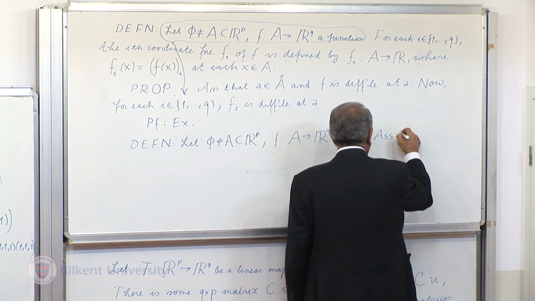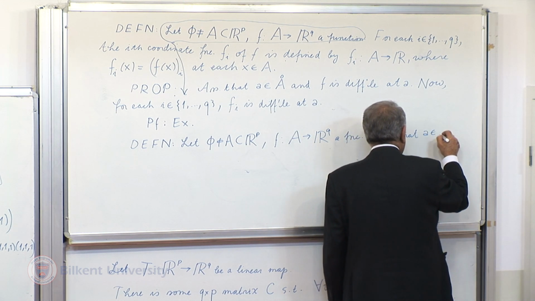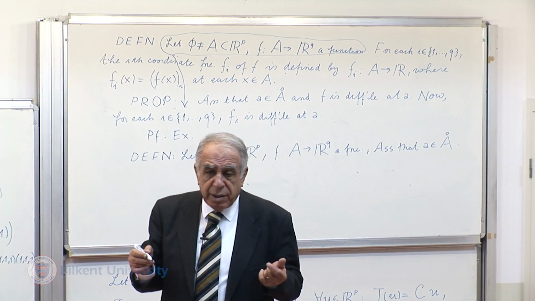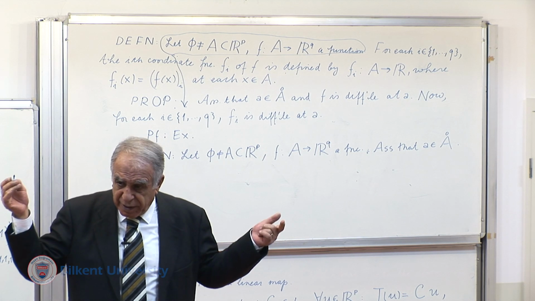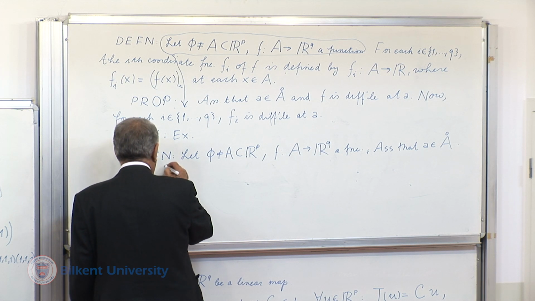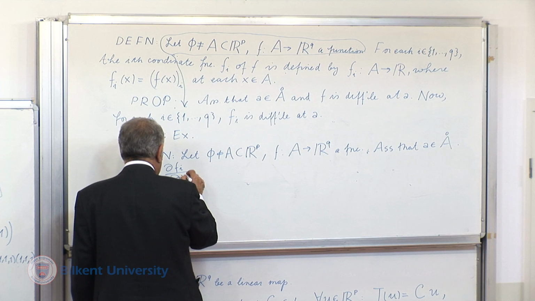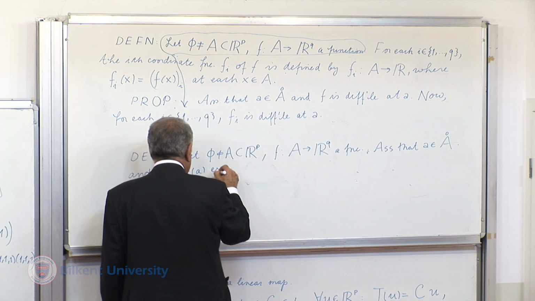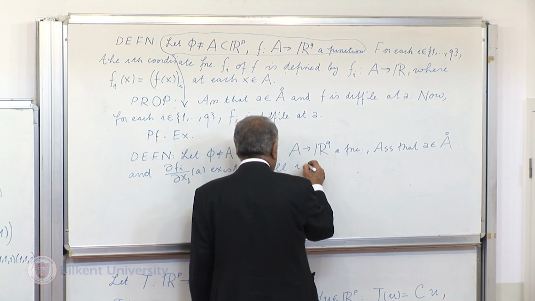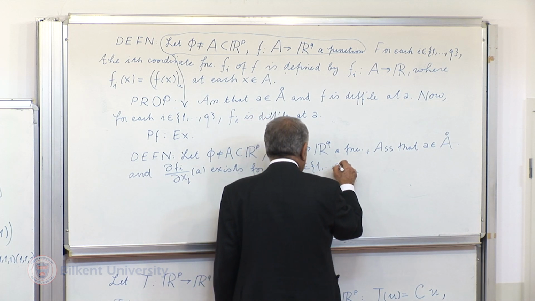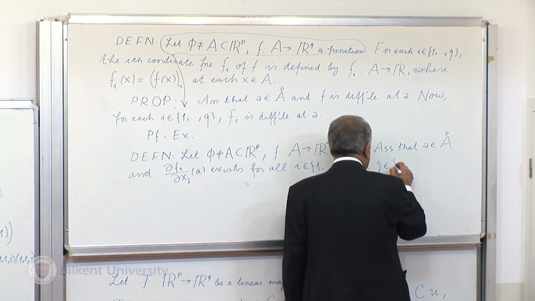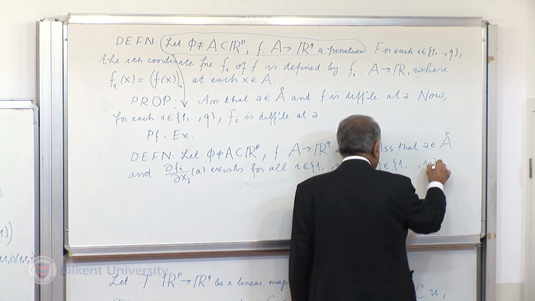Assume that a is an interior point of A. Now here, in order to define the Jacobian matrix, the only thing we need is that the partial derivatives exist at this point, that is, del f_i over del x_j at a exists for all coordinate functions, that is i from 1 to q, and with respect to all variables, that is j from 1 to p.